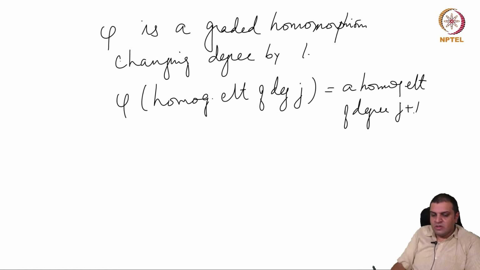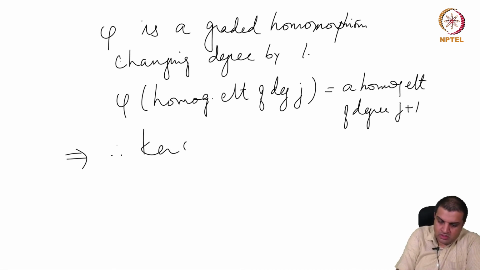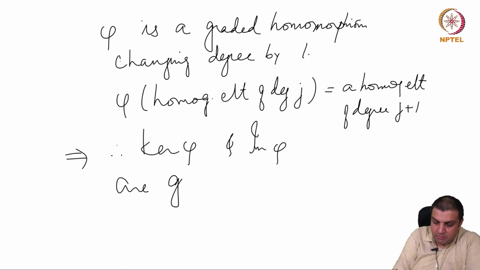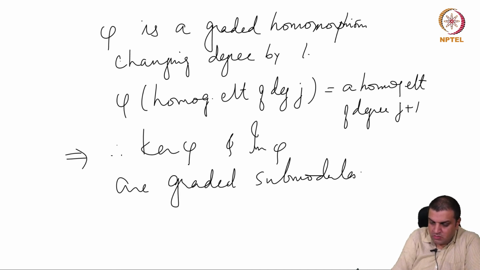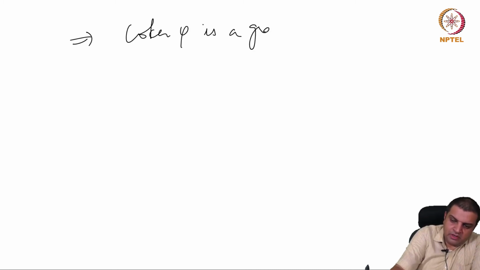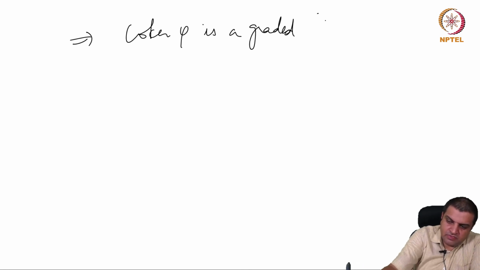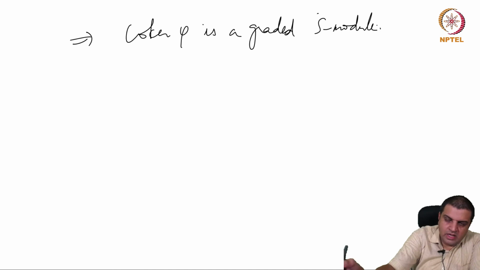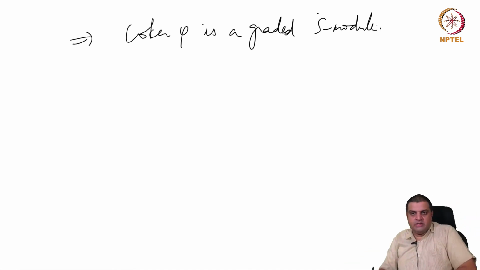Therefore, the kernel of phi and the image of phi are graded submodules of M, which now implies that the co-kernel of phi is a graded S-module, and all of these are finitely generated because we are in a Noetherian situation.